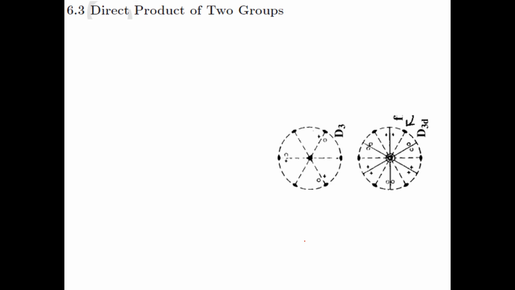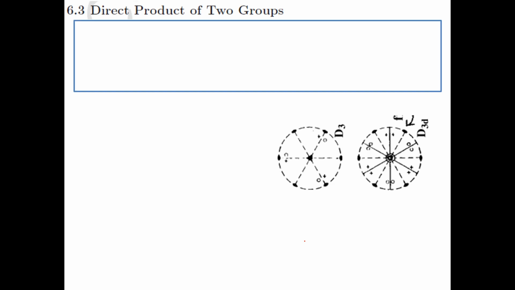And the second thing I wanted to discuss is the concept of the direct product of two groups. The direct product group. So the idea is, let's consider that I have two groups.